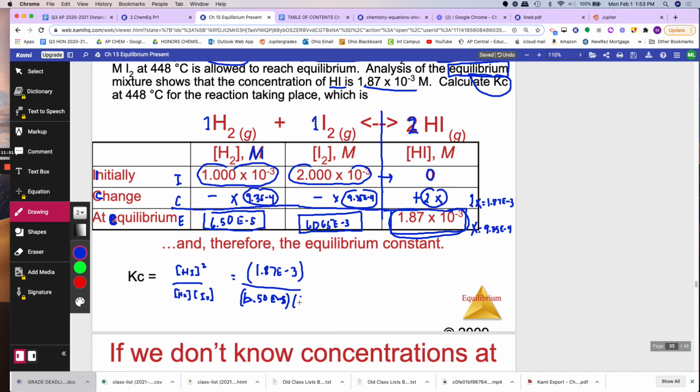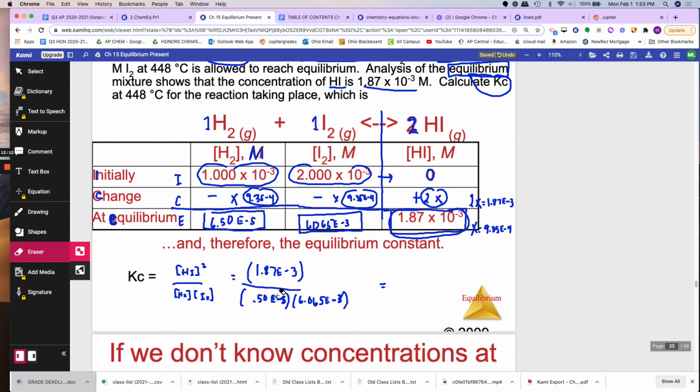And 1.065 e negative 3. I'm just carrying out more sig figs than I need. I'm not going to round until the end. So I'm going to round at the final answer. I'm going to have 3 significant figures. Go ahead and plug that in the calculator. I'm going to rewrite this.